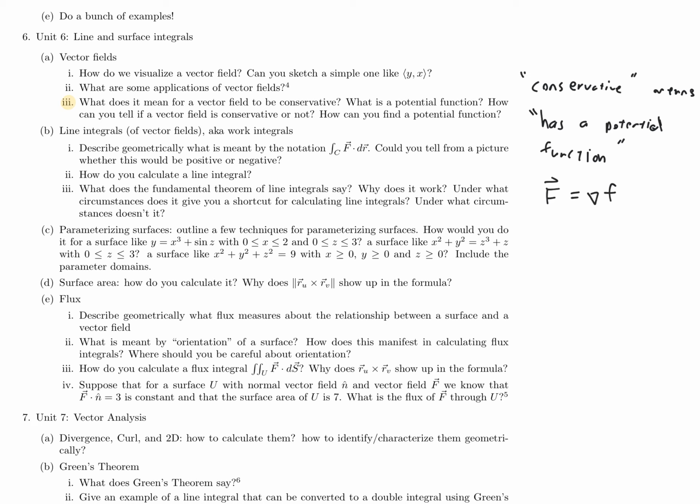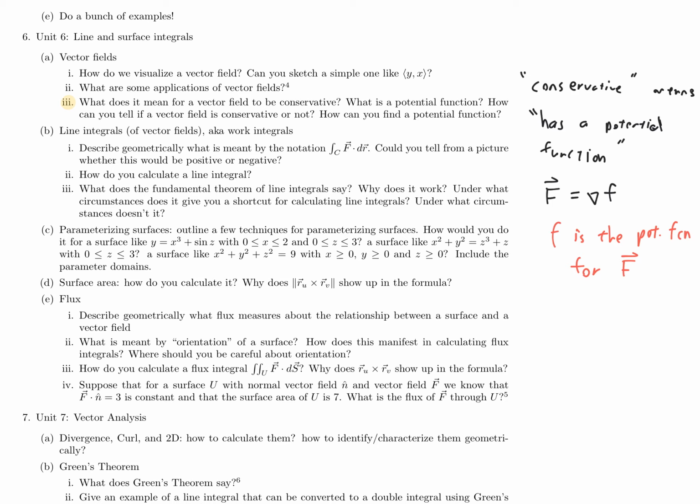The way I've written it here, lowercase f is the potential function for the vector field capital F. In the same way, I could say that capital F is the gradient of lowercase f.